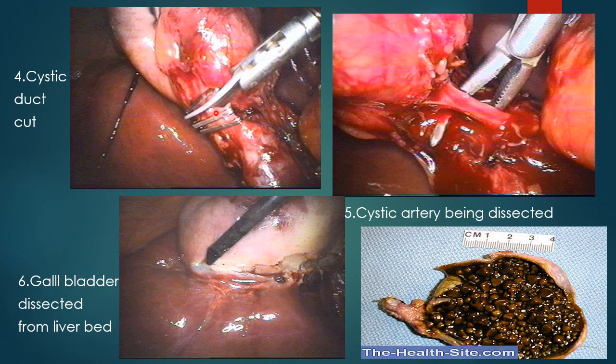Once the cystic duct has been transected, you identify the cystic artery and do the same. Apply clips and transect the cystic artery. Once you have done that, the gallbladder is free. It is just adherent to the bed in the liver, so by cautery it is removed, and the gallbladder is removed through the small hole.